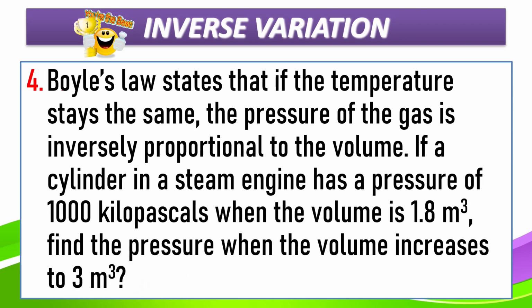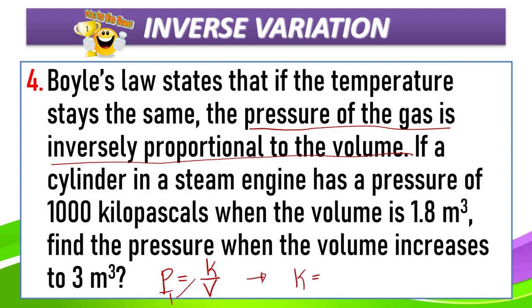In here, if we translate to an equation, the pressure of the gas is inversely proportional to the volume. So, P is equal to K over V. Applying cross multiplication, 1 times K is K equals P times V, or PV.